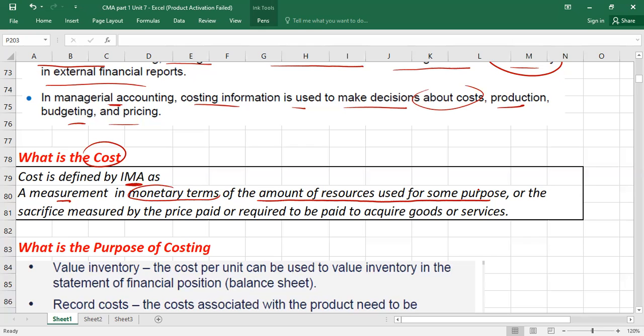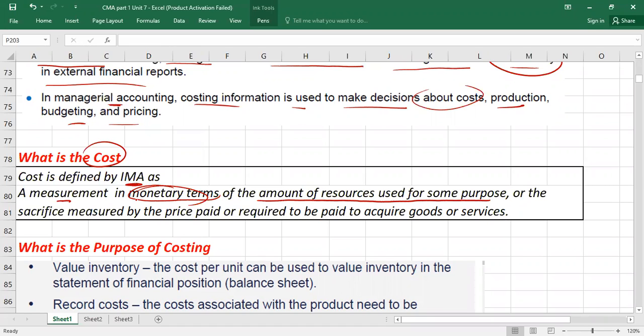This is what is called monetary terms. If I get the value of resources in terms of money, that is what is called cost. These resources we have consumed to make the product. So in short, whatever resources we have consumed to manufacture the product, the value of those resources in terms of dollars is called what? Cost.